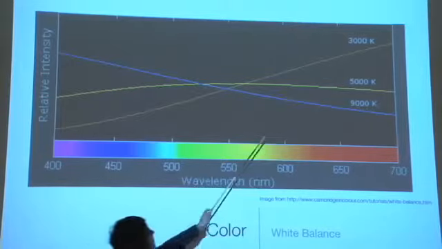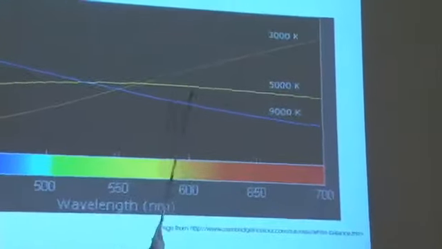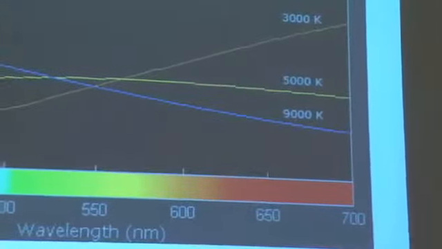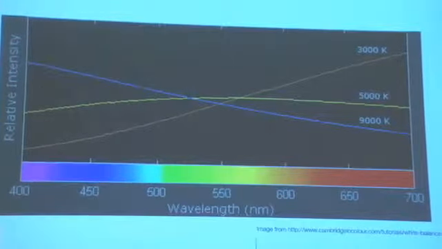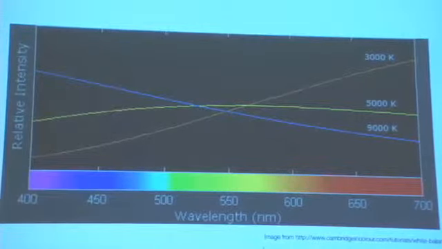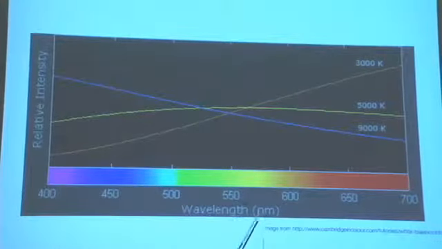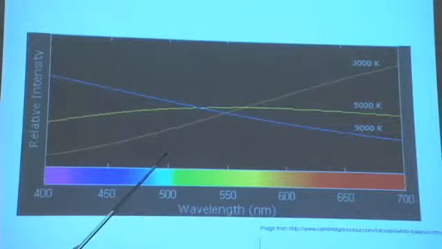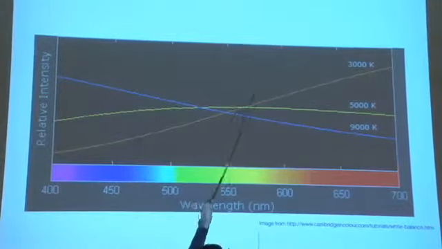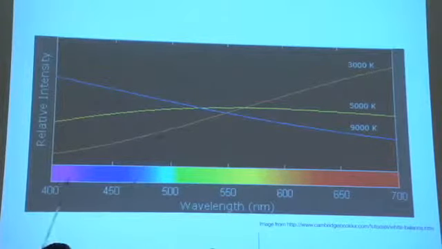Our sun is a black body, and it produces a specific color temperature, which emits a spectrum of light. It's still emitting wavelengths, but it's about where the majority of those wavelengths are. We might have a lot of light that peaks here in this yellow, or a lot of light that peaks here in this blue.